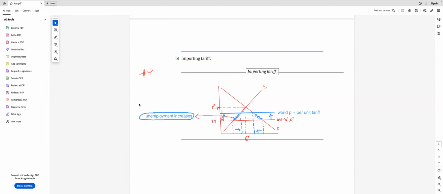Before we add a tariff, the quantity imported is here. We label it the quantity imported; we import this much from China. But if we add a tariff, you can see the gap between QD and QS is getting smaller.